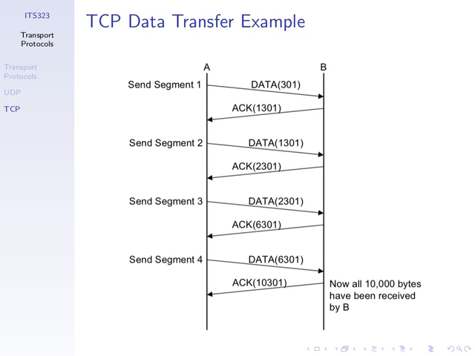So at this point in time, after receiving the first segment, B has received all the data up until 1,300, and therefore sends an ACK with ACK number 1,301. I've received everything up until 1,300. I'm now expecting 1,301. That's what this acknowledgement means.